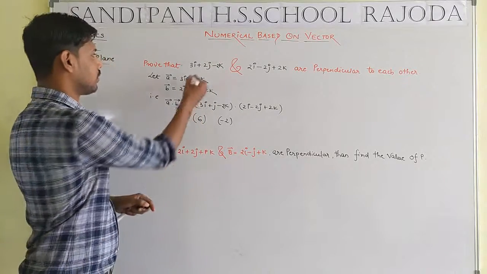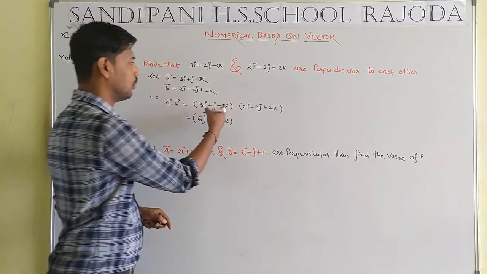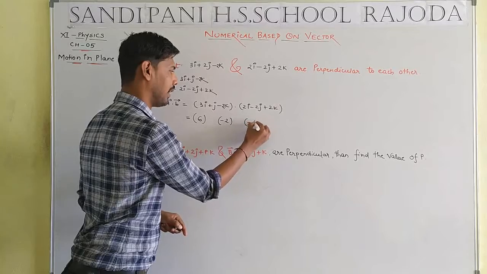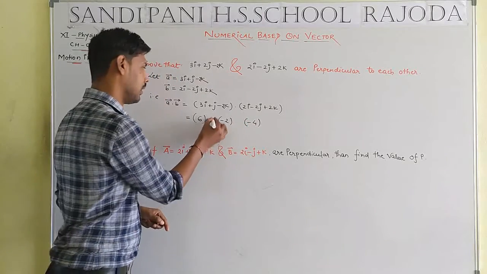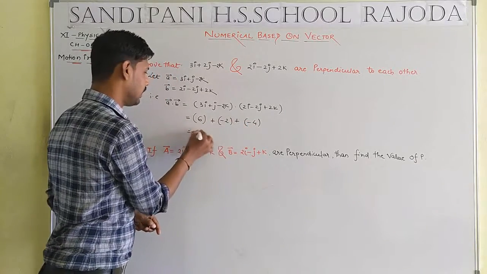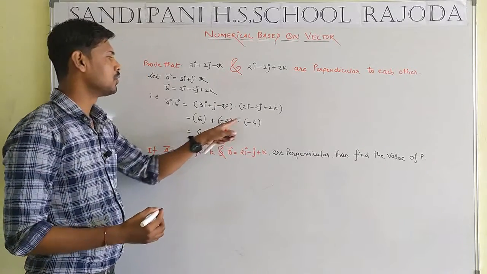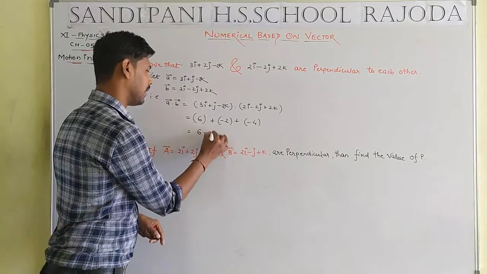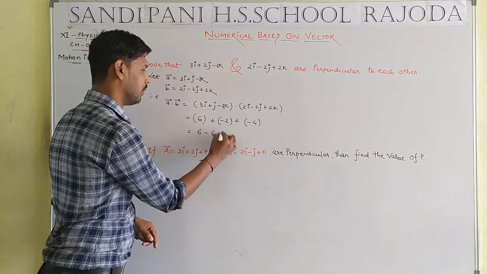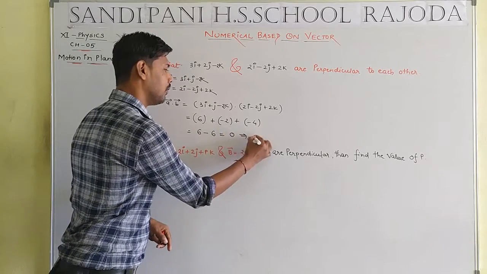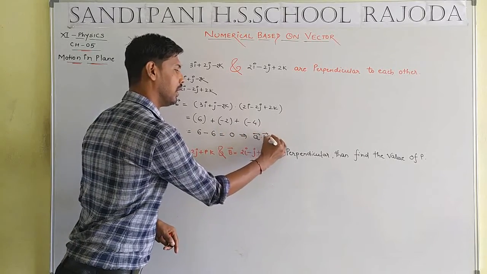There is a small mistake in the question, just write 2k. 2 and 2 will be equal to minus 4. Okay student, now finally we get 6 minus 2 minus 4 will be equal to 0. Positive negative will cancel to 0, such that we get A dot B equal to 0.